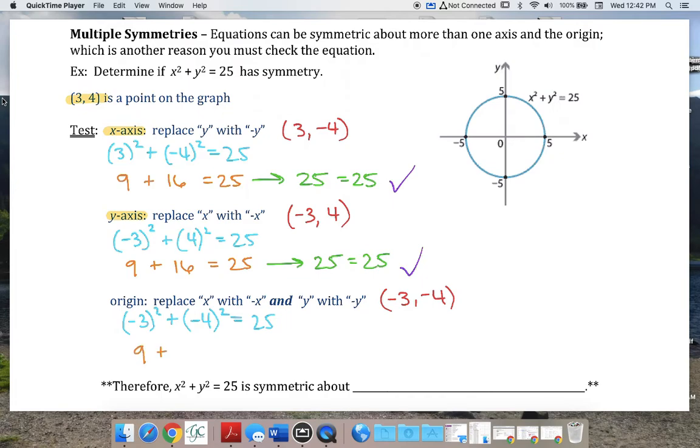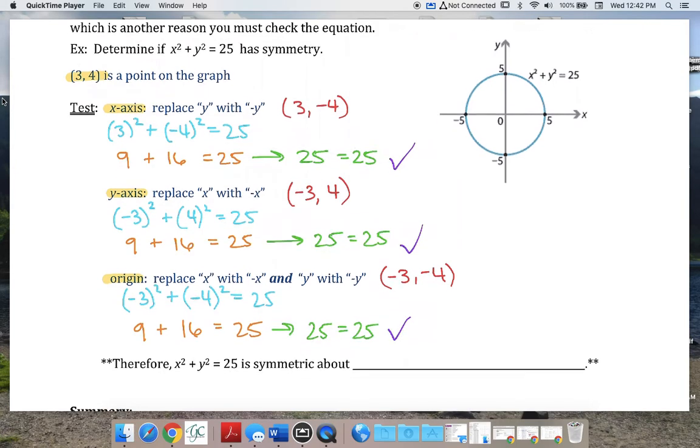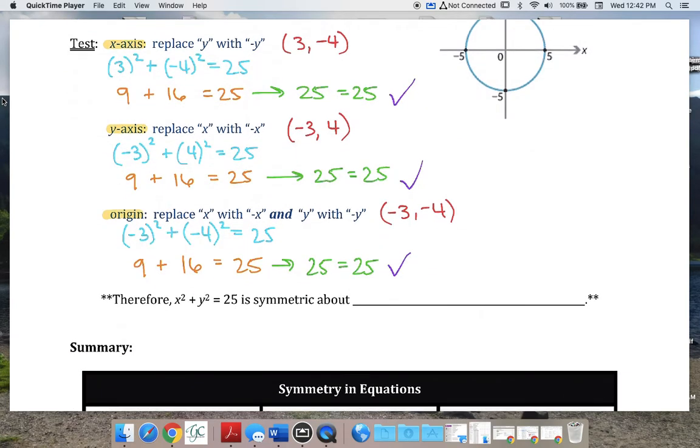So it's a +9 plus a +16. And 9 plus 16 still results in 25, so we are left with 25 equals 25, which is a true statement, which means our graph also has origin symmetry. So our graph this time was symmetric about the x-axis, the y-axis, and the origin.